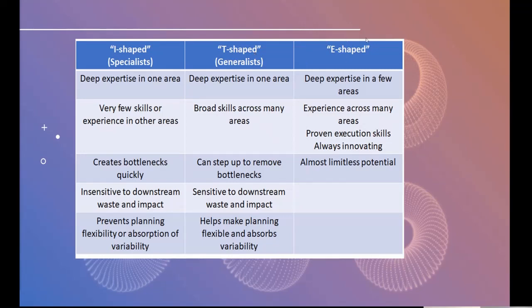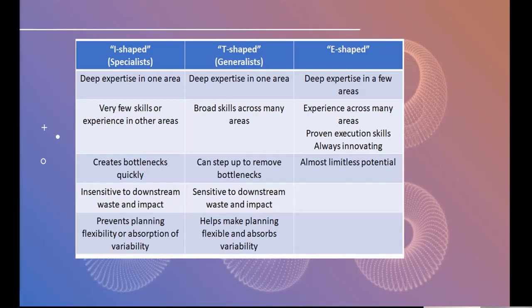I-shaped means deep expertise in one area, and very few skills or experience in other areas. Generalists have broad skills across many areas, but this creates bottlenecks quickly. You see, I-shaped people create bottlenecks.